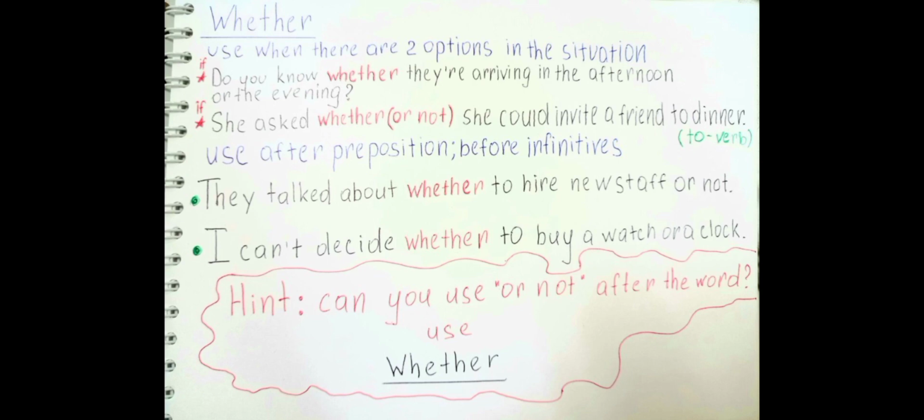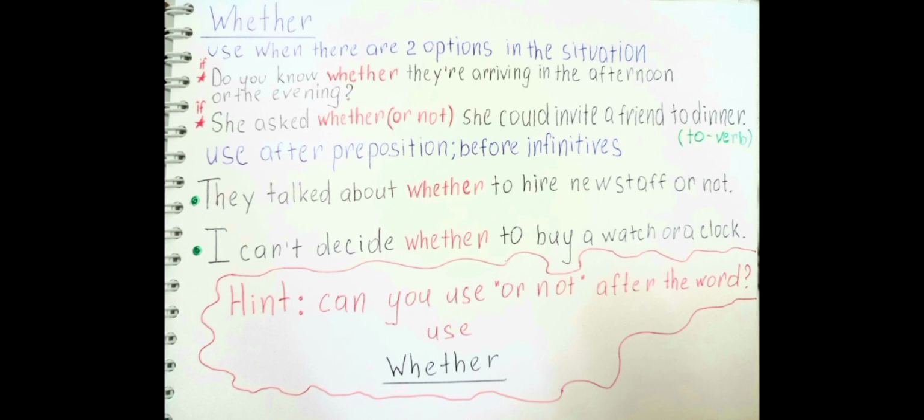We cannot use if here. We can use whether because the verb is in the infinitive form. To plus my verb. So I can't decide whether to buy a watch or a clock. In this situation, again, there are two options, a watch or a clock.